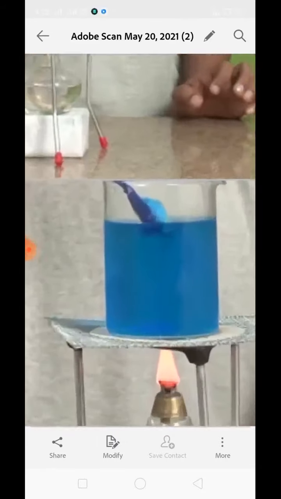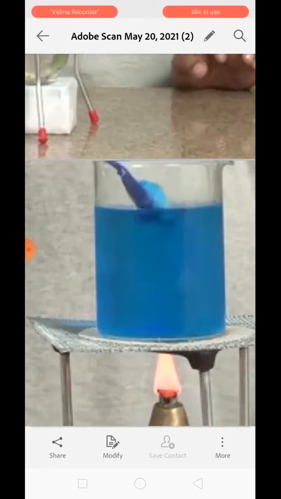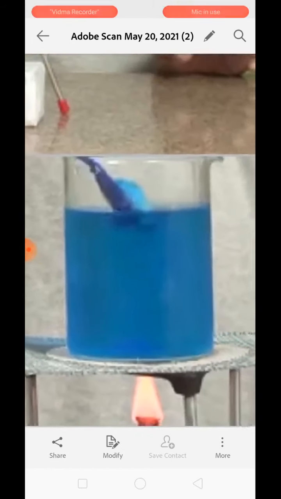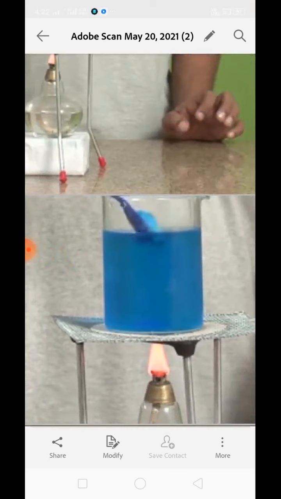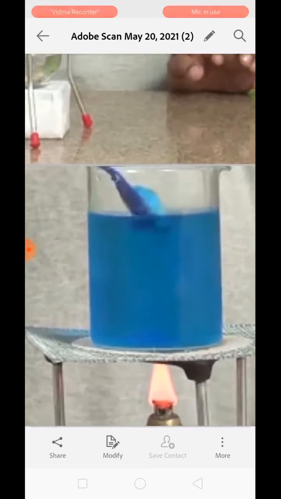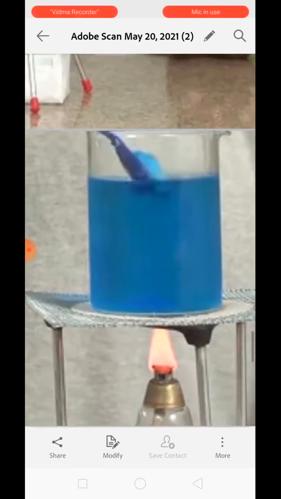So we will add copper sulfate from time to time until it stops dissolving. We will add more copper sulfate to this solution and keep on heating it while it is still dissolving the copper sulfate. We will continue to add.